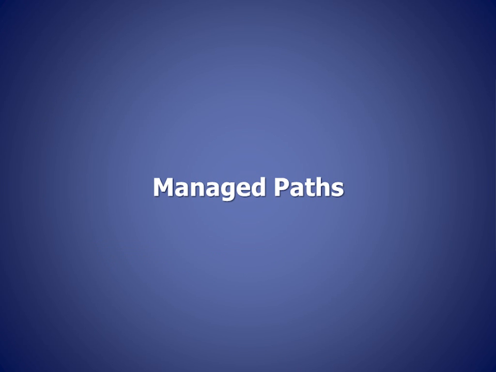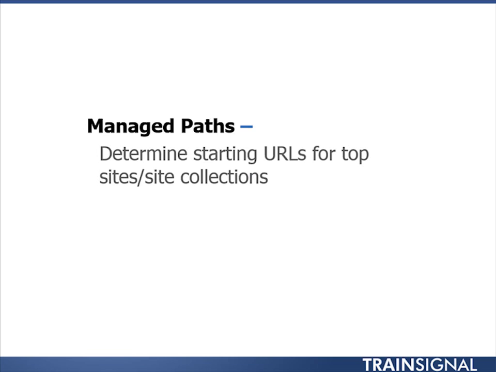We're going to start off by taking a look at our managed paths. A managed path is a container that's going to become the starting point for the URLs, for our top sites, or for our site collections. When I create a child site, that child site is going to become, well, a child of the parent.